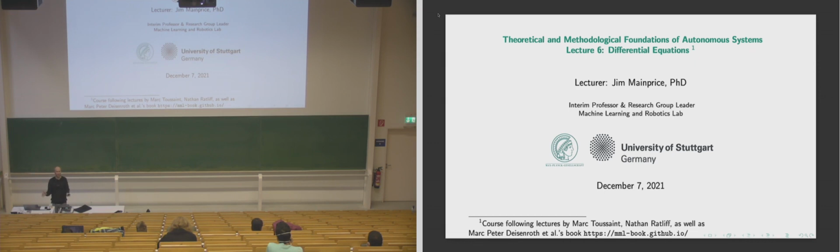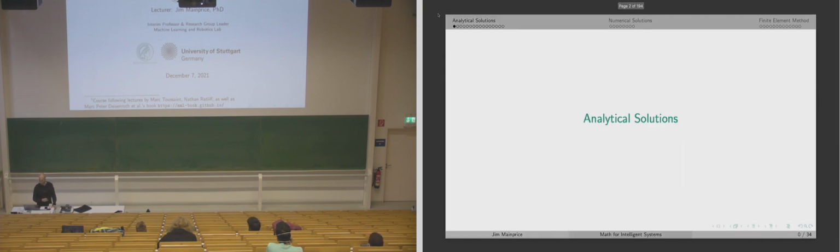And as I said in the introduction lecture, what we're trying to do is cover the mathematics for robotics and machine learning, as well as a little bit for computer vision. So these lectures are always kind of changing, not so stable as the other lectures.